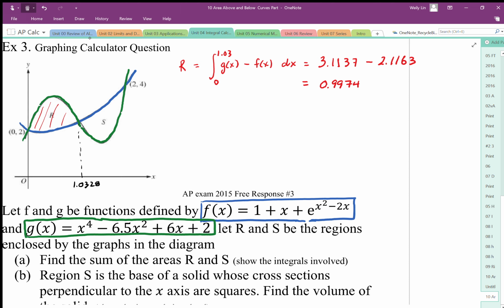I'm going to then find the area here, this area S, which I'll do with blue. The area S is going to be the integral. I'm going to start at 1.03 and I'm going to end at 2. Now in this case, the f function is above, so I'm going to do f of x minus the lower function g of x dx.